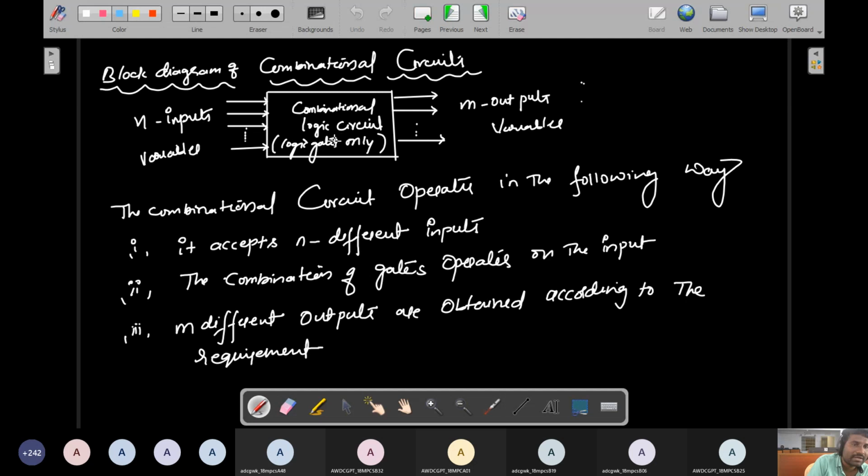If you are operating addition, you get the addition output. If subtraction, you get the subtraction output. If multiplication, you get only the multiplication output. Whatever inputs you give, the logic gates operate on them, and according to the operation you get the output voltage. That is the operation of the combinational logic circuit block.